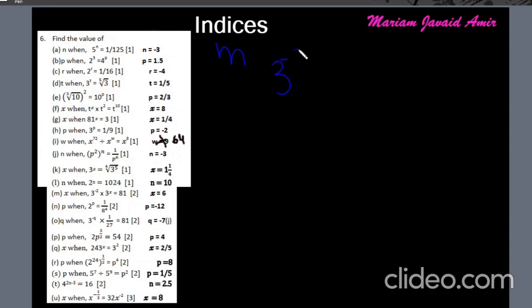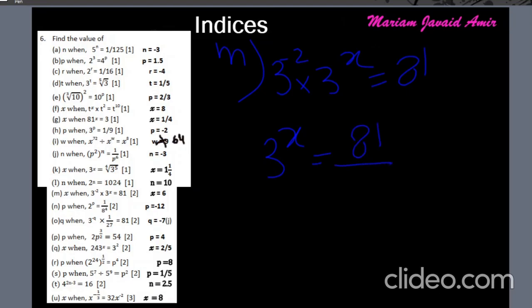is 3 power minus 2 times 3 power x equals 81. So let's take 3 power minus 2 to the other side. It will get divided. We're not changing the power of 3 minus 2 yet. We're simply applying the mathematical concept that something that's being multiplied here, when you take it to the other side, it gets divided.